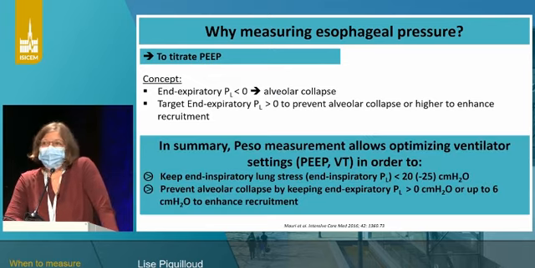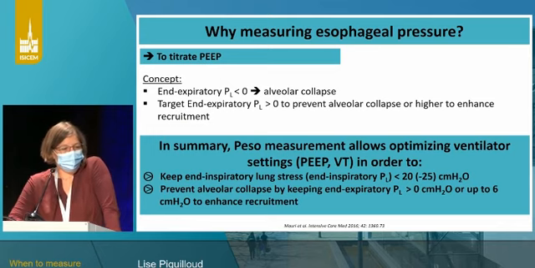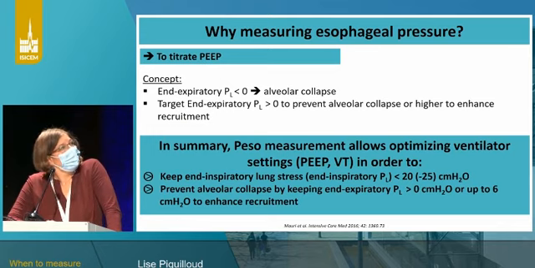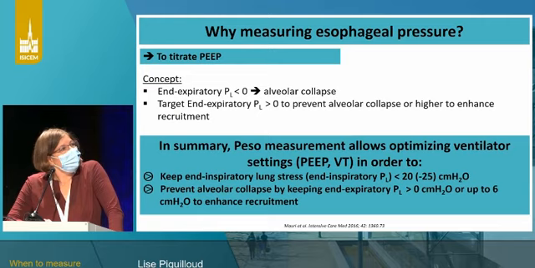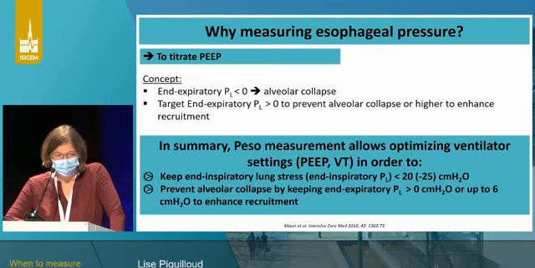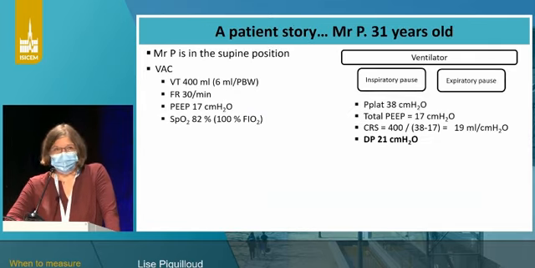Then overall, when you put in your esophageal pressure measurement system, you can measure lung stress, you can keep end inspiratory transpulmonary pressure under 20, which is safe, and you can titrate PEEP in order to have transpulmonary expiratory pressure between 0 and 6.